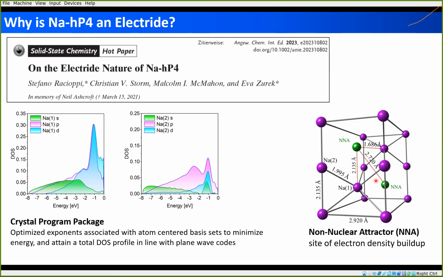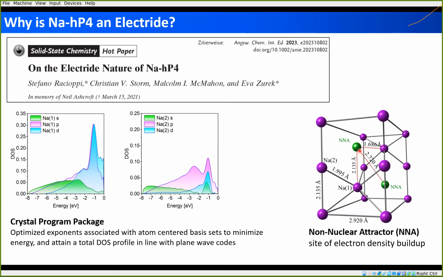So what if we would have some sort of an interstitial quasi-atom in the sense that you have a site without an electron, without a nucleus in the position, but you still have these types of orbitals, s orbitals, p orbitals, and d orbitals.